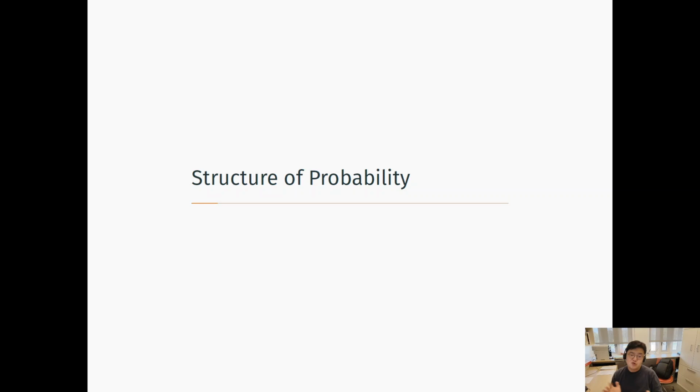It's not anything new. But what I want here is to set up some basic mathematical foundation. We'll be more rigorous. We will define the structure of probability so that we can unify the randomness structure. There are different types of randomness, and we would like to describe them within the same framework.